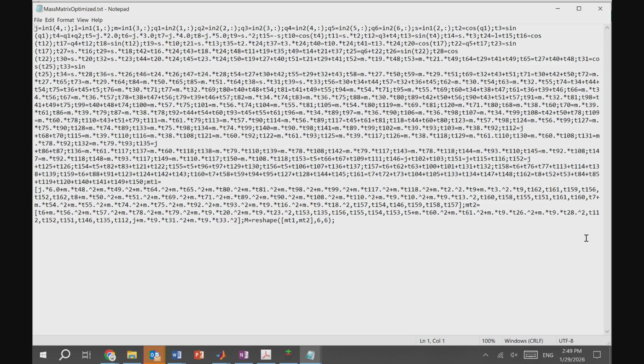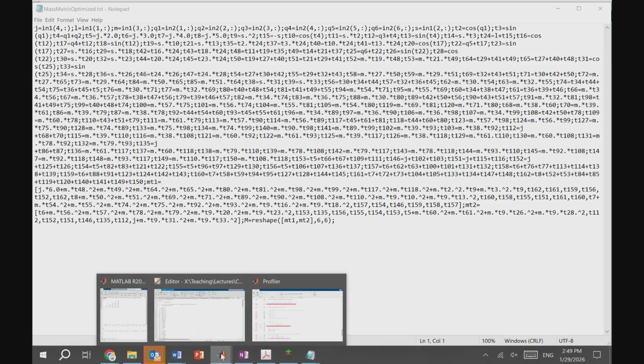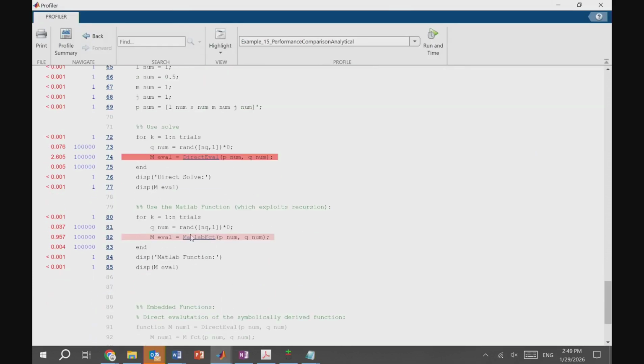We have maybe a quarter or even less of the symbols that we had before. We don't get that full gain because, of course, there's some advantage of having the function in memory and not opening the file. But that explains why in the profiler we see this big advantage for the functions on file.